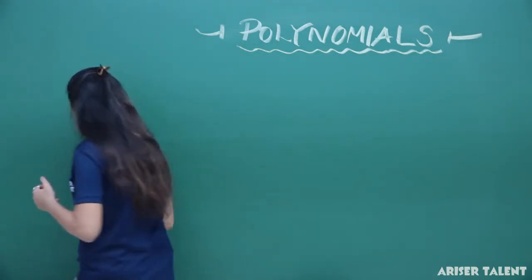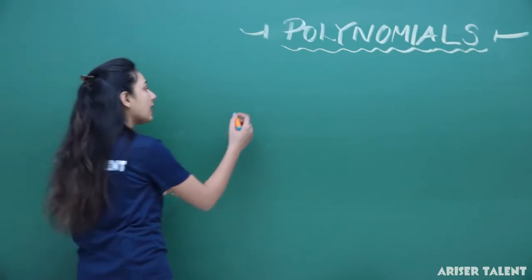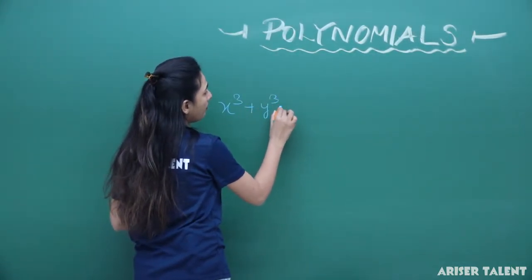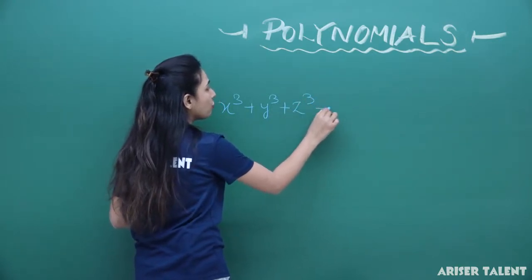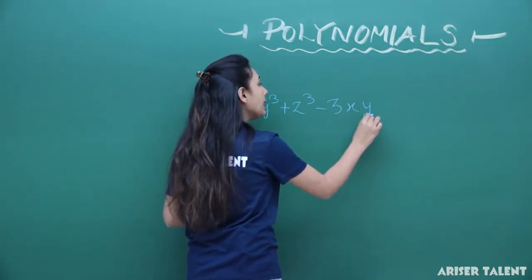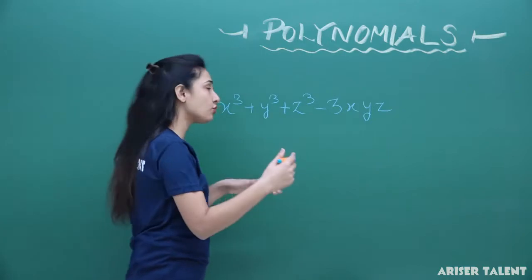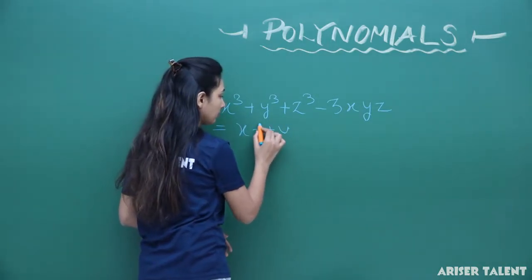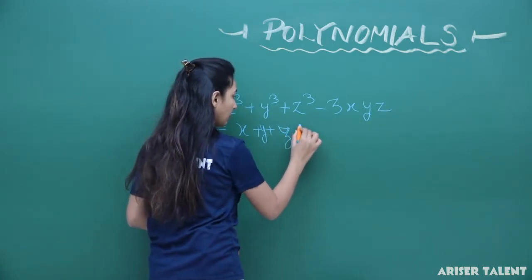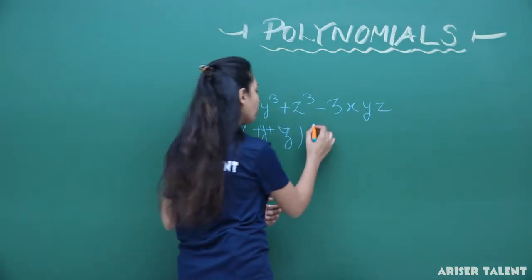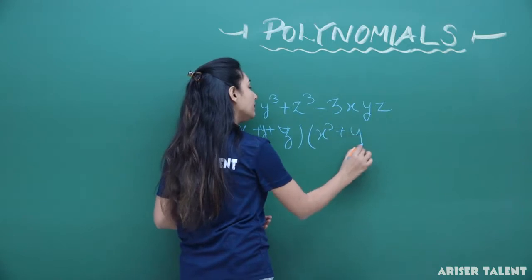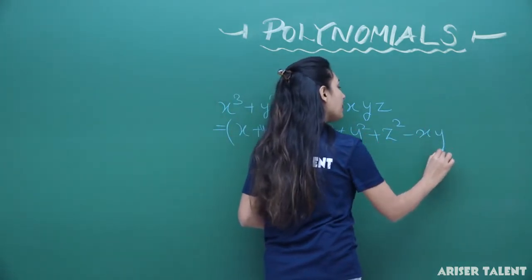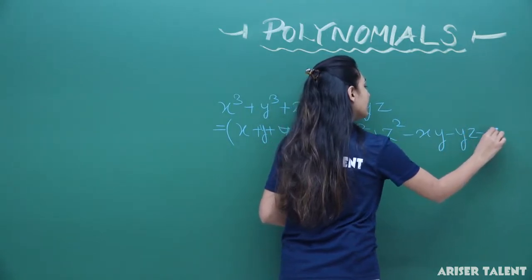Now we are going to have some specific questions that are derived with the identities we have studied. Like what? Okay, so we have studied this identity x cube plus y cube plus z cube minus 3xyz is equals to what? x plus y plus z, and then multiplication of x square plus y square plus z square minus xy minus yz minus zx.